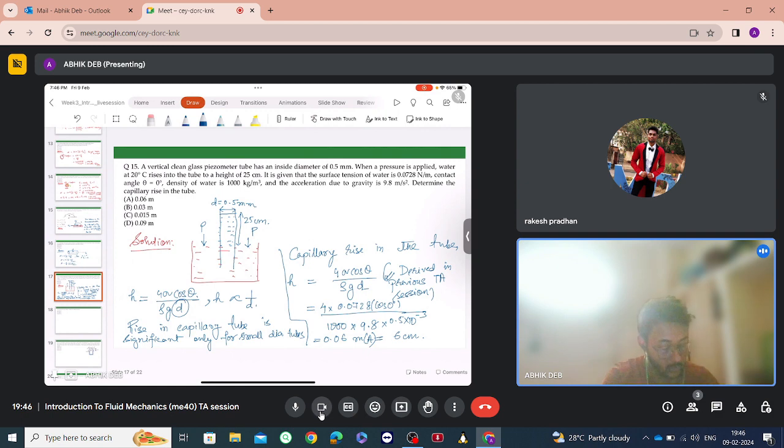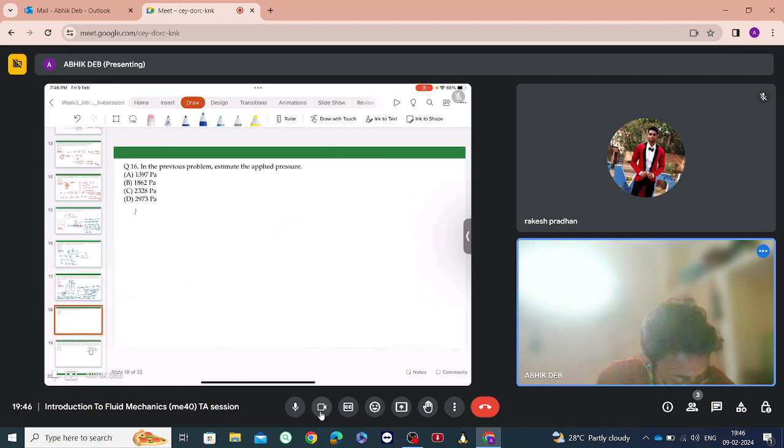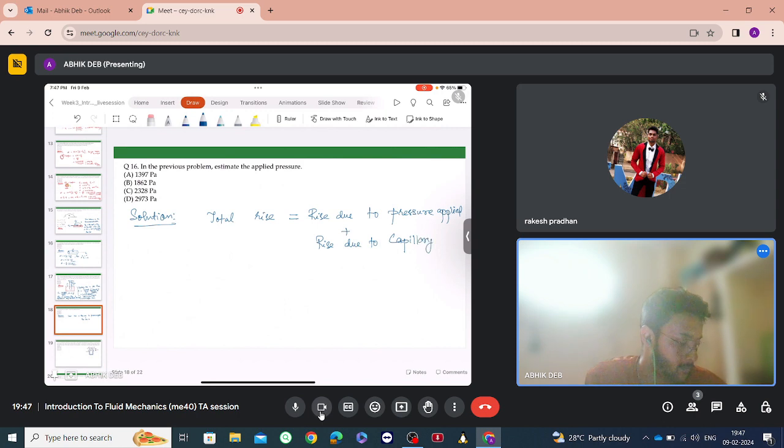So this 25 centimeter total rise is equal to rise due to pressure applied plus rise due to capillarity.